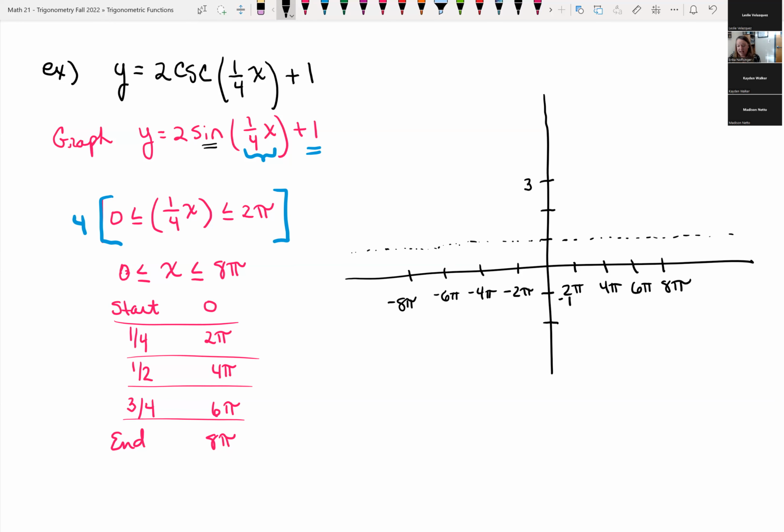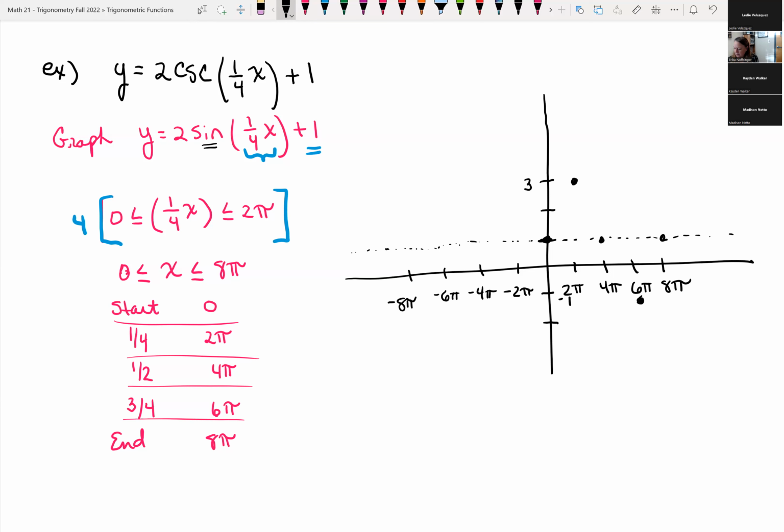So I'm thinking it's sine. Sine normally starts at the origin, but we shifted up 1, so at the start of my cycle, that point's going to be 0, 1. At 2 pi, I'm going to be increasing to the max, which is 3. At 4 pi, I hit the midway line. At 6 pi, I'm hitting my minimum of -1.